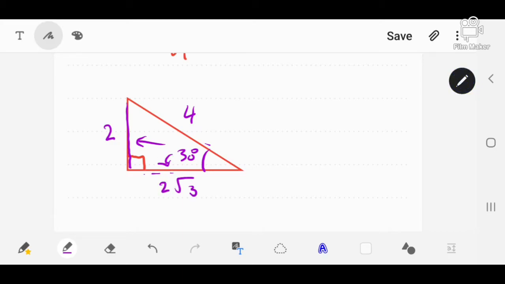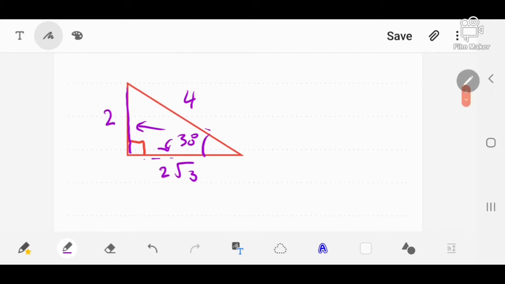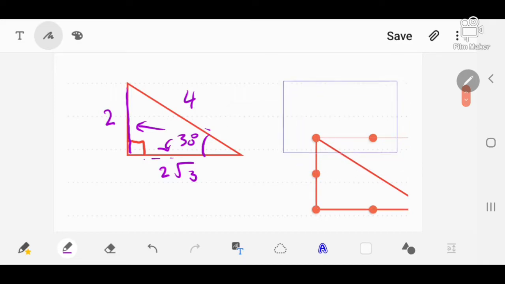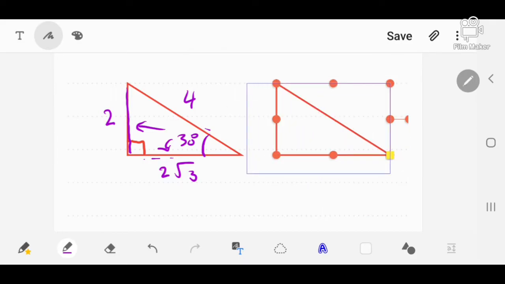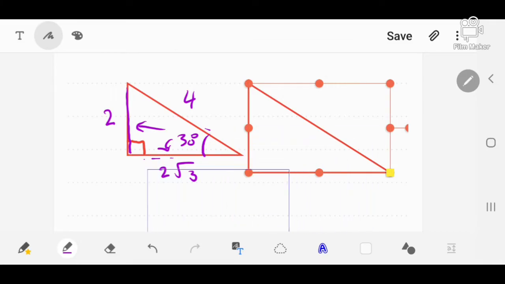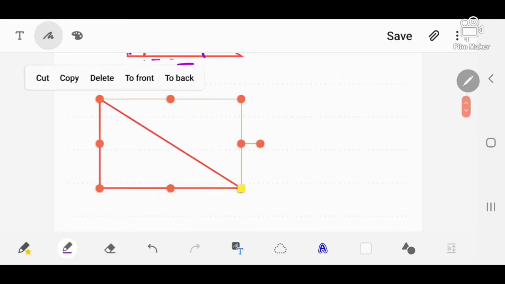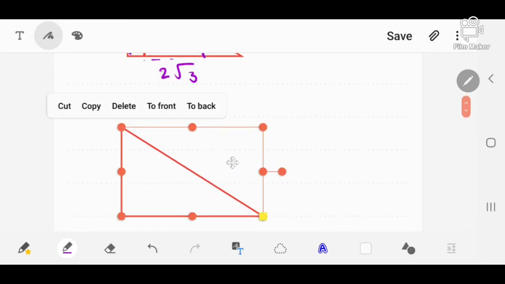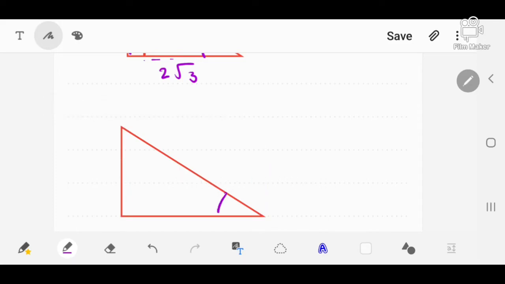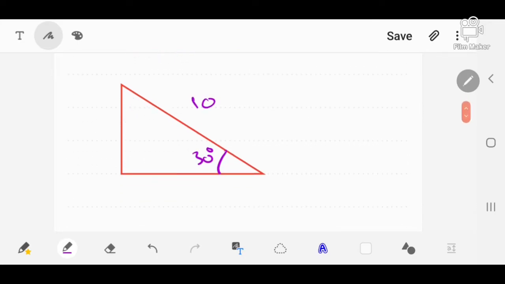And if you try to do that in a different triangle with the same angle, let's say we have a different triangle, maybe we can make it a little bit bigger, still talking about 30 degrees in a different size triangle, let's say the hypotenuse is 10, and this is a right triangle, then the side opposite to 30 will always be half the hypotenuse, which is 5, and this side here will be, by the Pythagorean theorem, 5 radical 3.